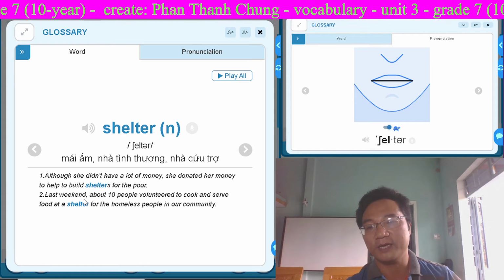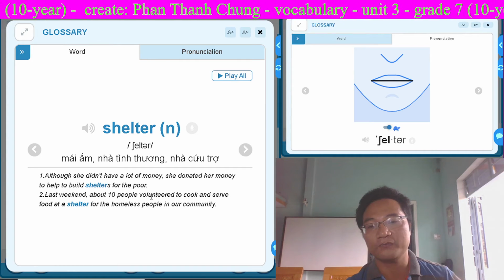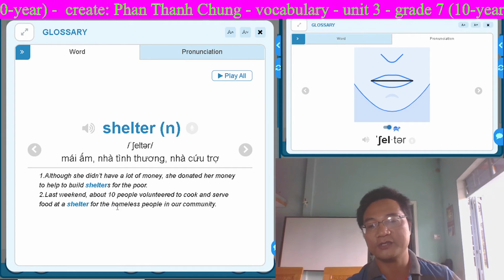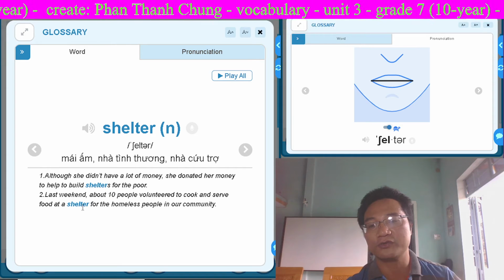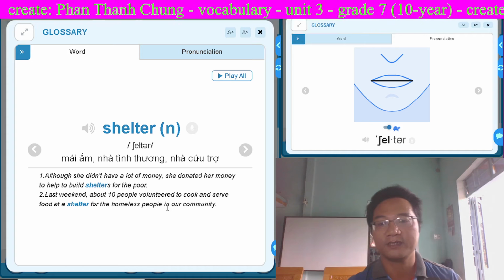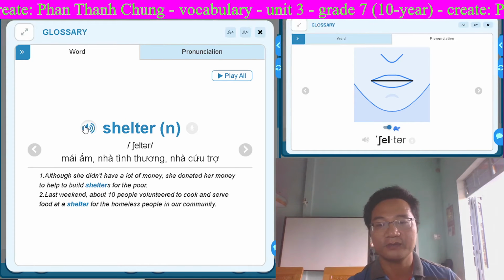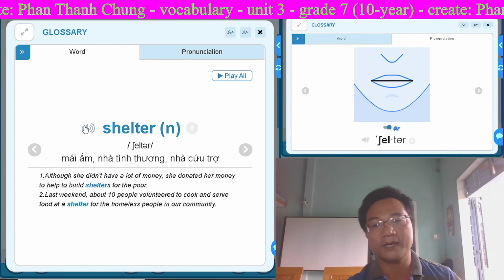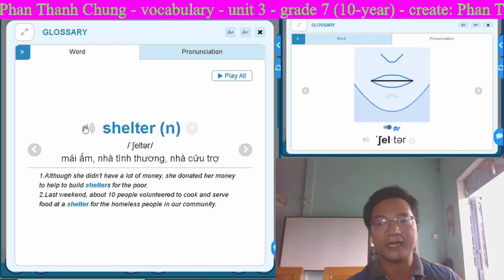Or last weekend, about 10 people volunteered to cook and serve food at a shelter for the homeless people in our community. So, shelter là mái ấm, nhà tình thương, nhà cứu trợ.